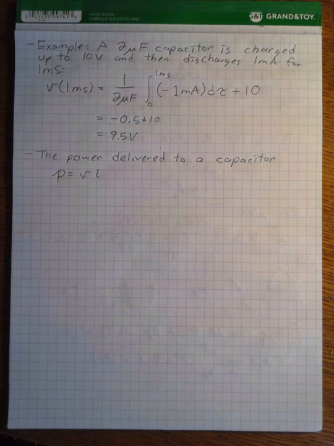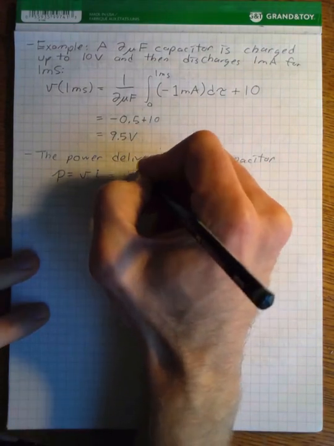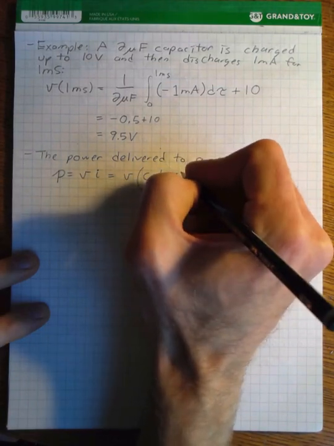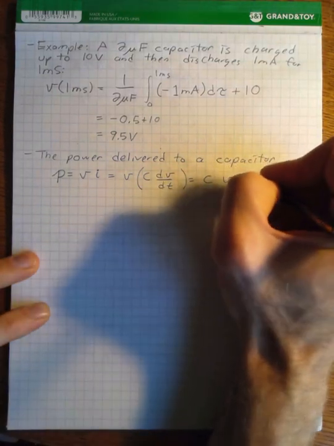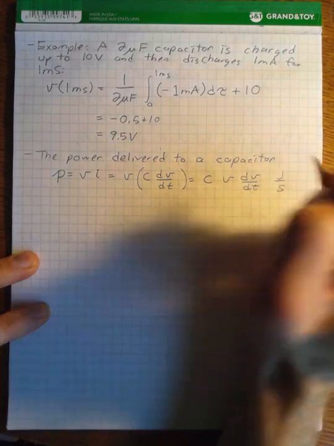And we're delivering power to the capacitor when we're running a current through it, and we're piling up a bunch of positive charge on the top plate and negative charge on the bottom plate. So that takes work, so that's why we're delivering power to the capacitor. If we substitute in our equation for current, we have capacitance times voltage times the derivative of voltage, and this has units of joules per second.